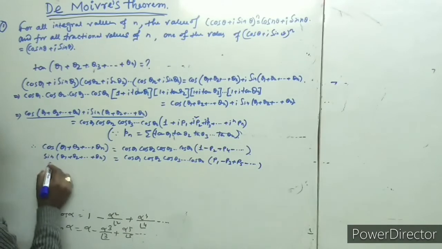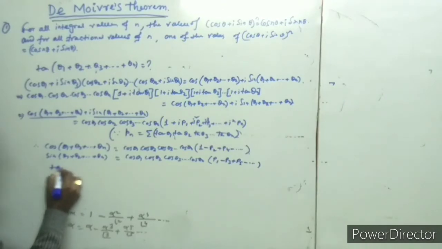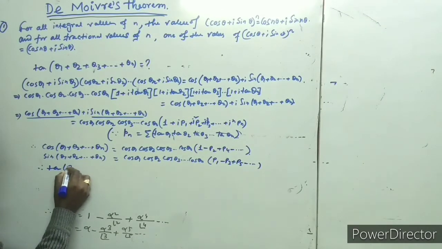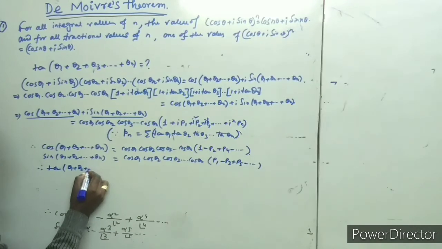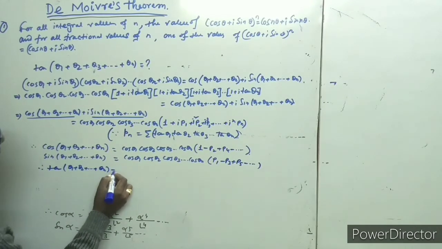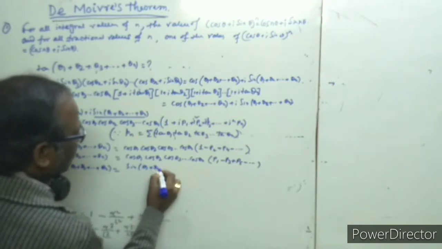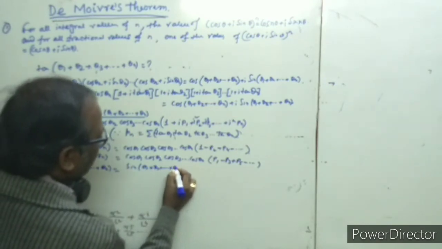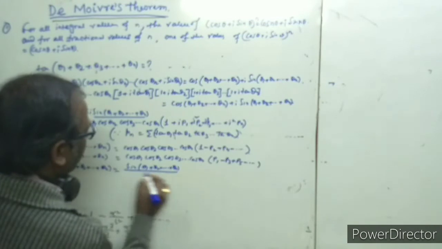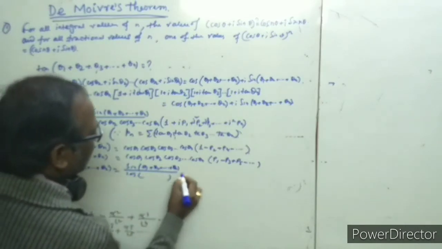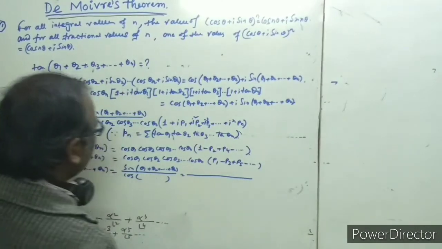And now we divide this. We get tan of theta 1, theta 2, dot dot theta n, and that is equal to sine of theta 1, theta 2, dot dot theta n divided by the same cos.